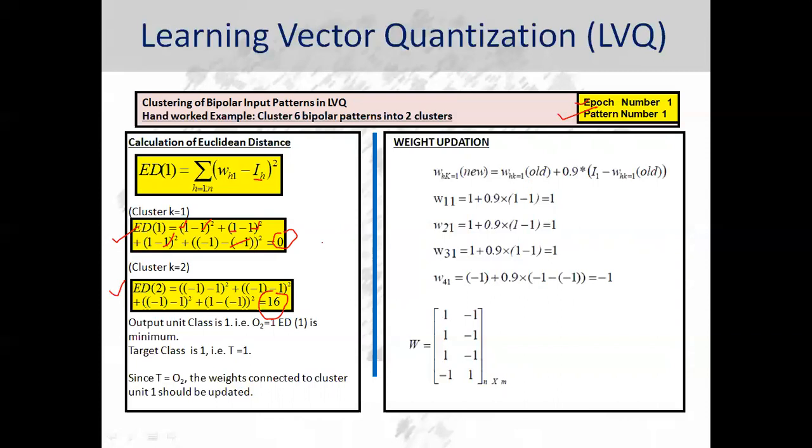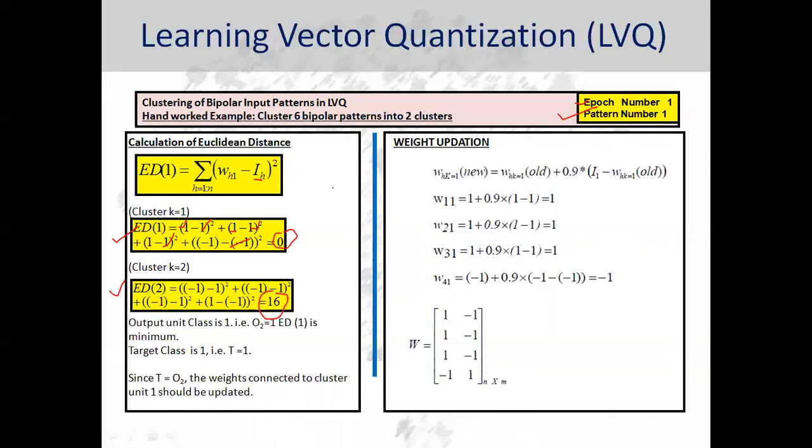So we have to update, and before updating, we have to check whether the winning cluster generated by your self-organizing map is the same as your given input pattern target or not. If it is the same, then we have to strengthen, otherwise we have to weaken the weights.